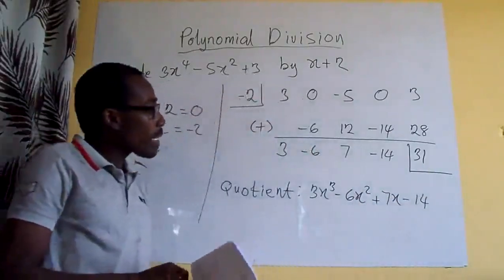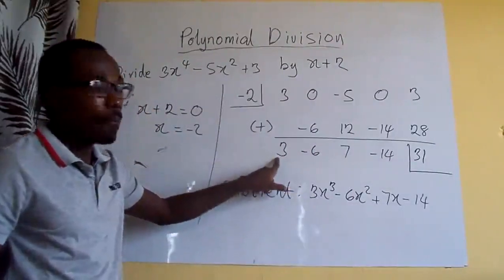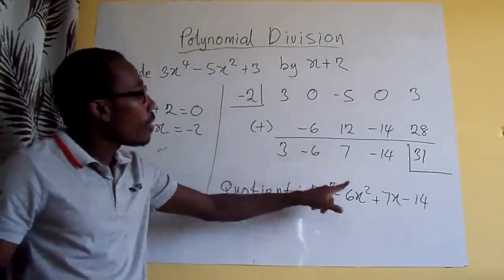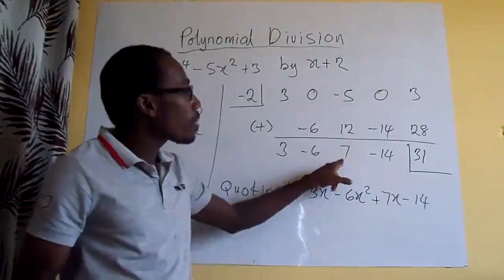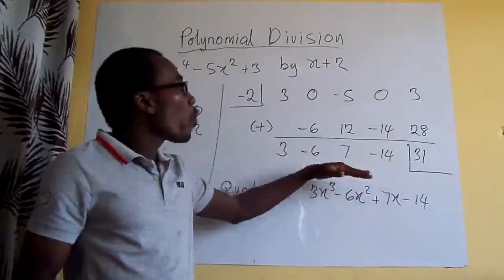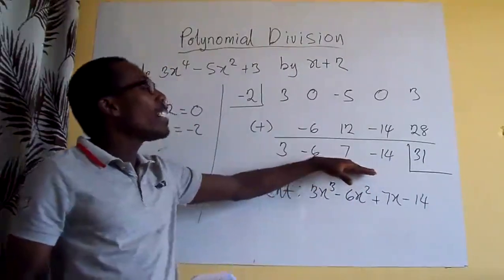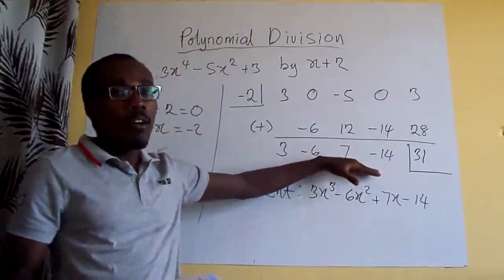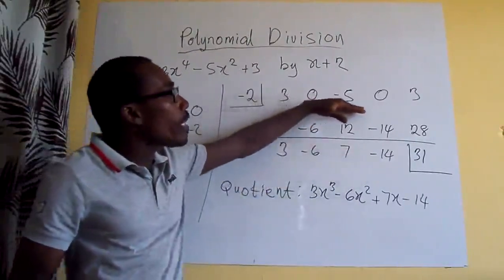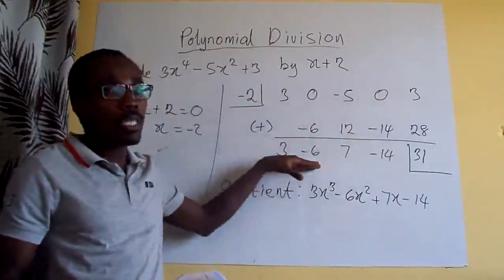And you will realize something: the 3 you see here is what is here. You see minus 6 is the minus 6 you had here. You see positive 7, this positive 7, and you see 14, this is your 14. So whenever you use the synthetic division, you end up obtaining the coefficients of your quotient, okay? Just as you use the coefficients of your dividend, the synthetic division will give you the coefficients of your quotient.